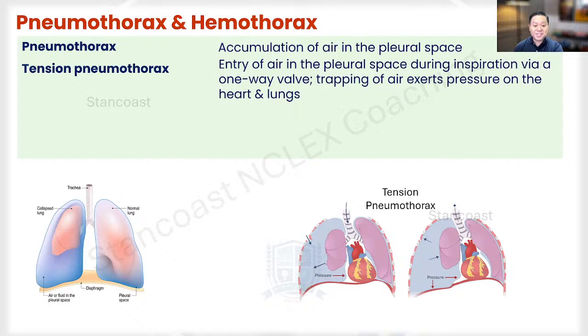What I just said regarding tension pneumothorax is that it can cause problems in heart and lung function because, again, it can compress the blood vessels, reduce the venous blood return into the heart, and subsequently decrease the cardiac output.